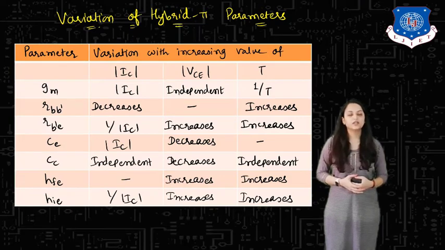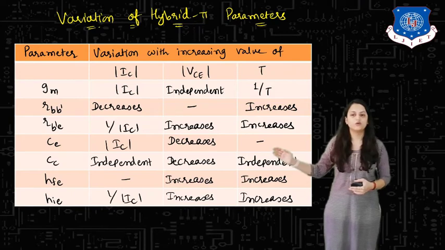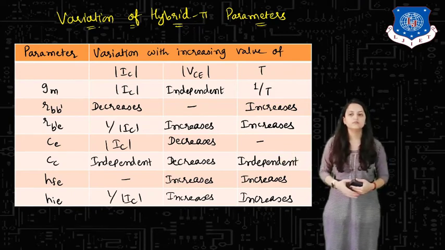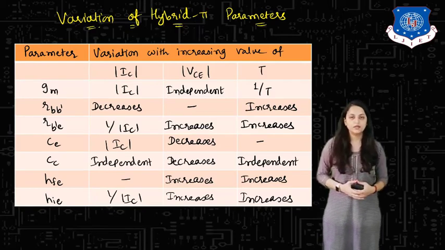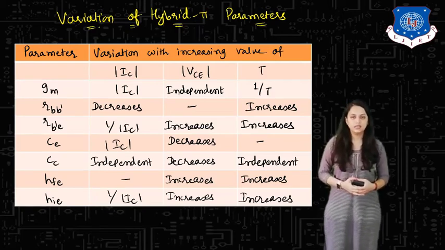If we consider the effect on emitter capacitance CE, then the IC will remain same, VCE decreases, and there is no effect or no relation with the temperature. Then next is capacitance CC, collector capacitance. There is no relation of IC with that, it is independent of that. Then VCE decreases and it is temperature independent.